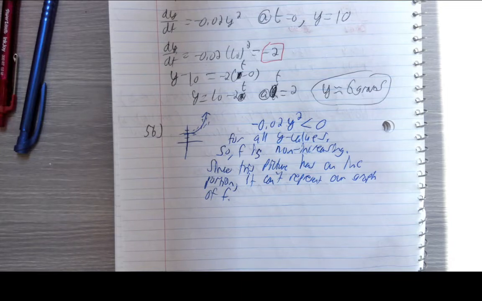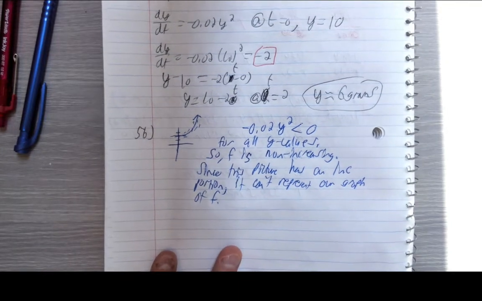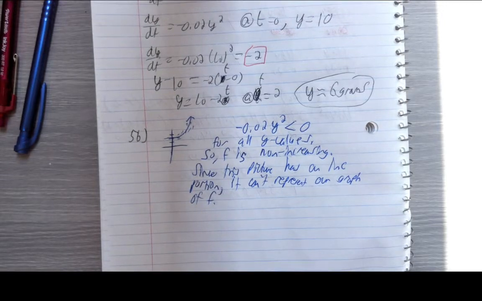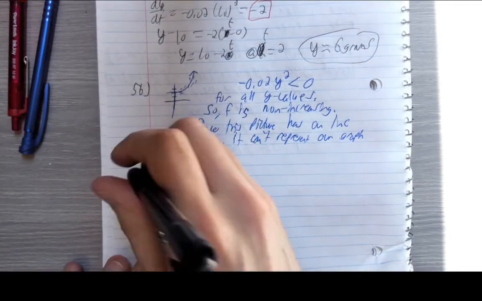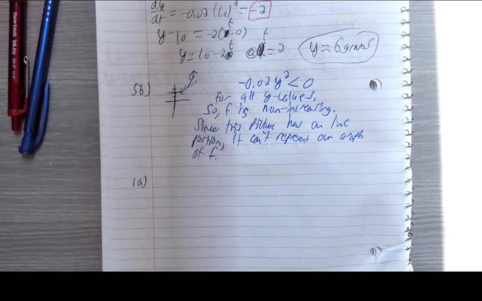Okay, so you said you got 5. Oh, all right. So 1A, they give you this table, and they say for 1A, using the data in the table, approximate G prime of 3.